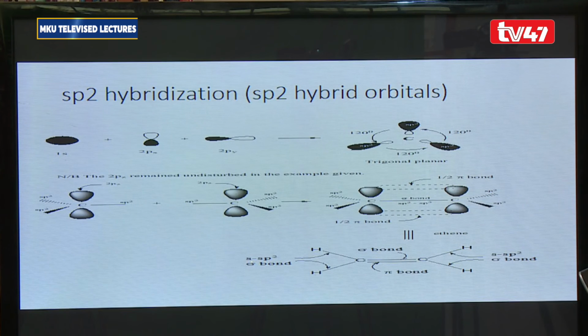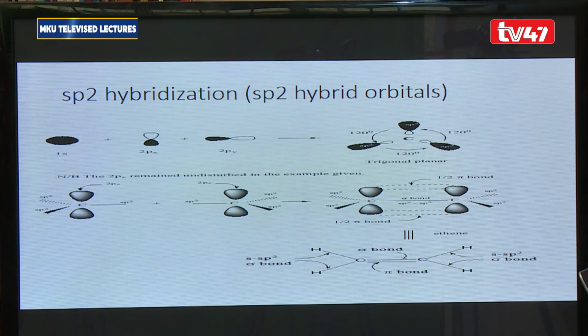And in that case, we end up with trigonal planar molecules with bond angles of 120 degrees. Those sp2 hybridized orbitals have one s orbital combined with two p orbitals, which means that a third of the character is s, and 2/3 is p.